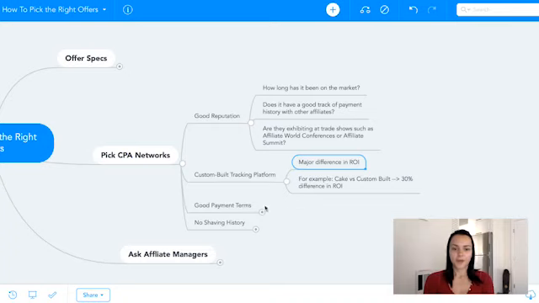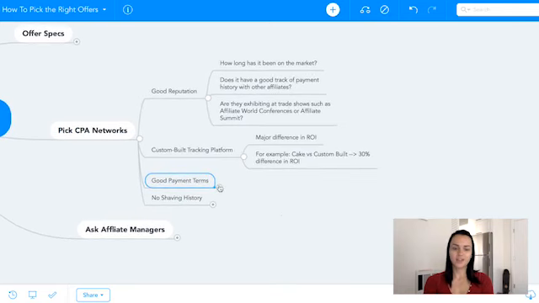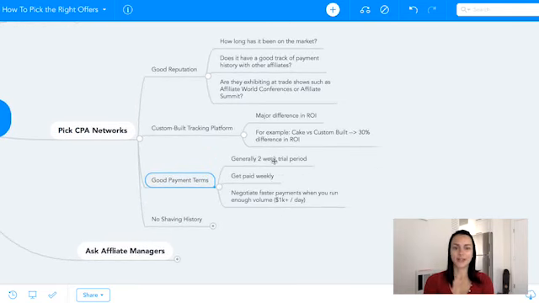Additionally, a good payment term is something you want to negotiate. Ideally, in the first 2 weeks, you will not get paid fast because the network wants to make sure that you are a good affiliate and you're not sending fraud traffic.